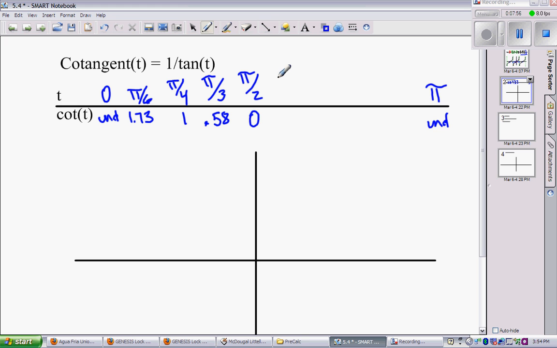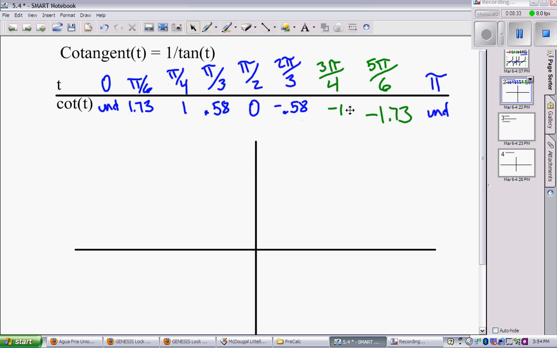So then we need to go to 2 pi over 3. We're going to the negatives, negative 0.58, and we can just use the pattern that we're seeing to fill it in. 3 pi over 4, negative 1, 5 pi over 6, so we need negative 1.73.